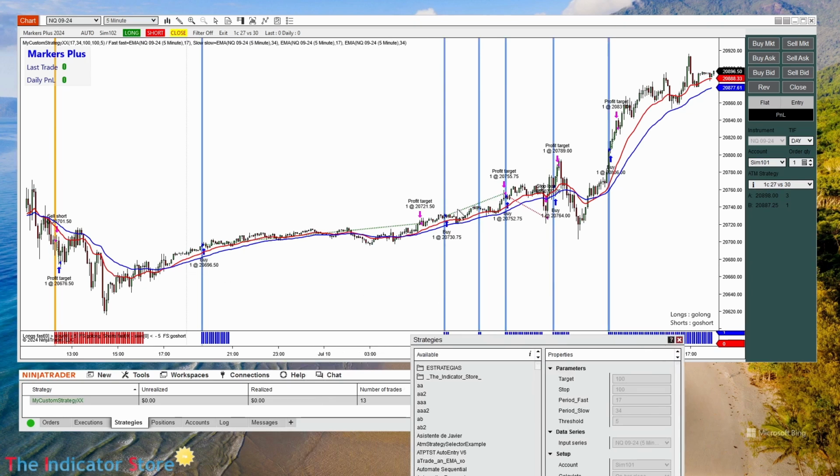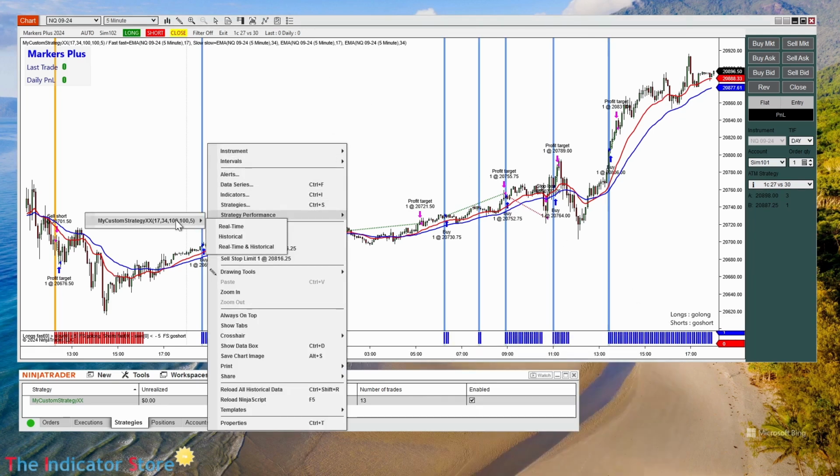A short with the target, a long with the target. This long is not executed because it is already long from the previous trade. This long is stopped, so 100 is too small for a stop, and then a long with the target, another long with the target.